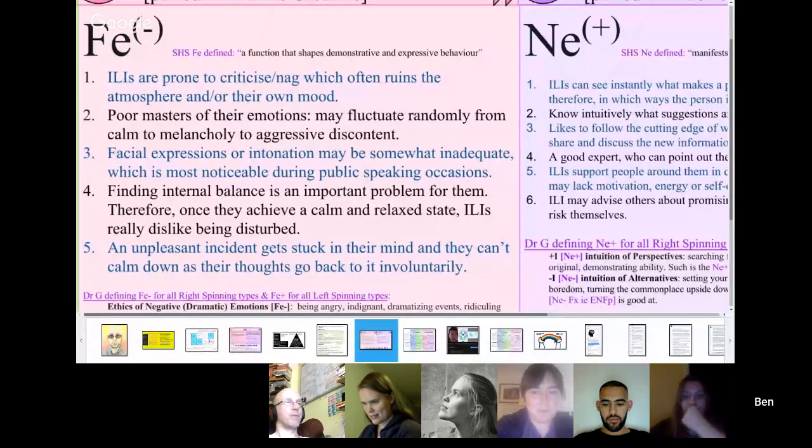What do you think of number 3, Elena? Well, sometimes I can hide my emotions pretty well, but it's a very big effort, and it has to be worth it. Sometimes I don't like people seeing when I have very intense emotions, so I try really hard to hide that.